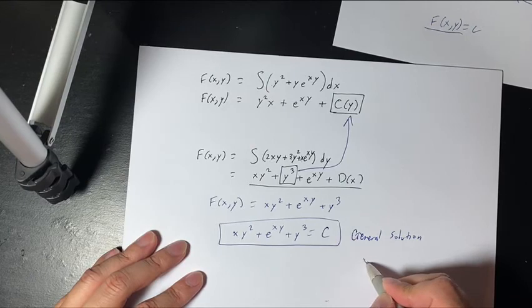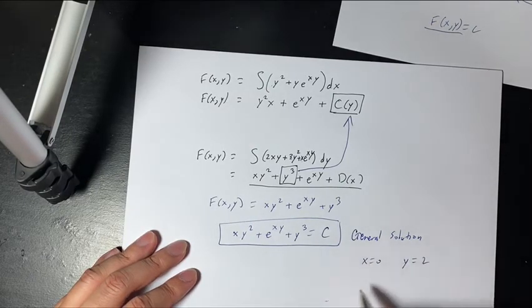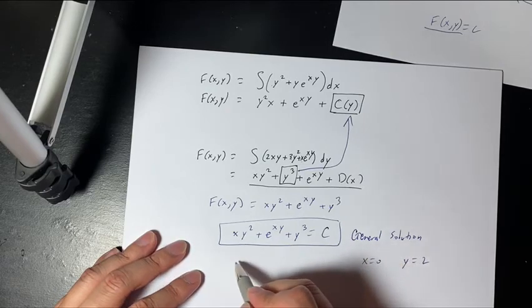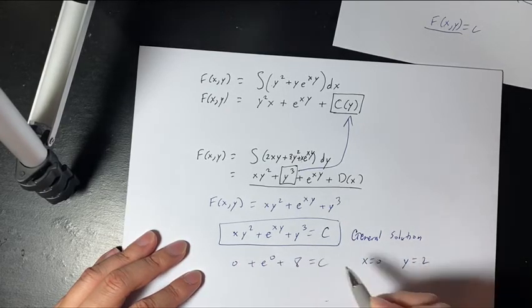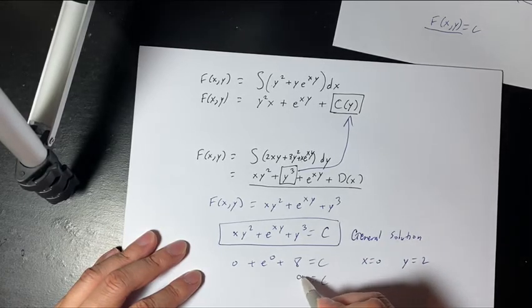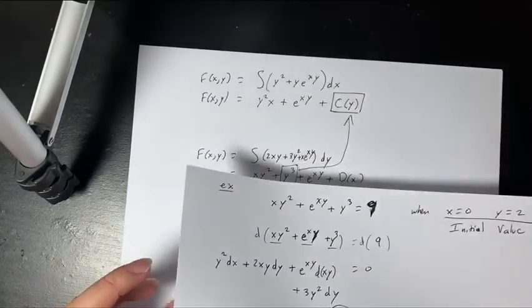But we know that when x is 0, my y is a 2. So I can plug that right in to get that my c must be a 9. So now my particular solution is this. That's exactly what we started with.